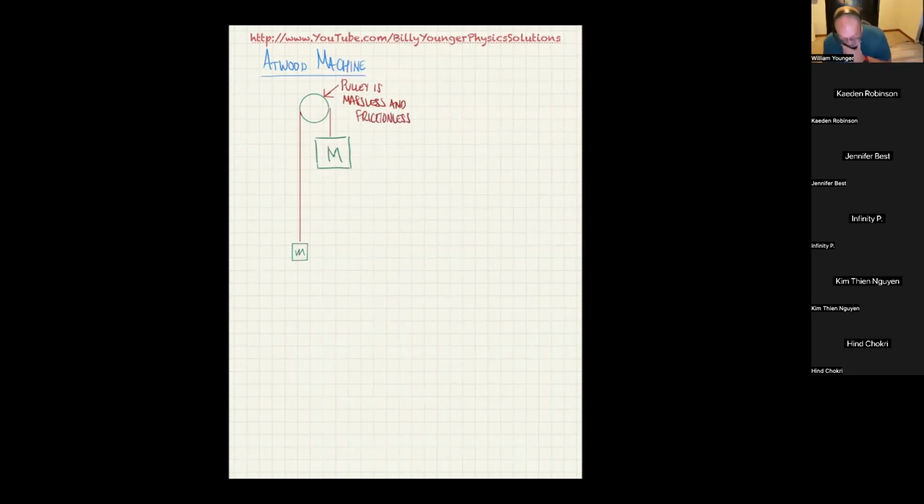Okay. And now, given the way I drew this, it looks pretty obvious to me that the big M is going to accelerate downward. So what I'm going to do is choose everything consistent with the big M going down on the right. I'm going to call that the positive direction.